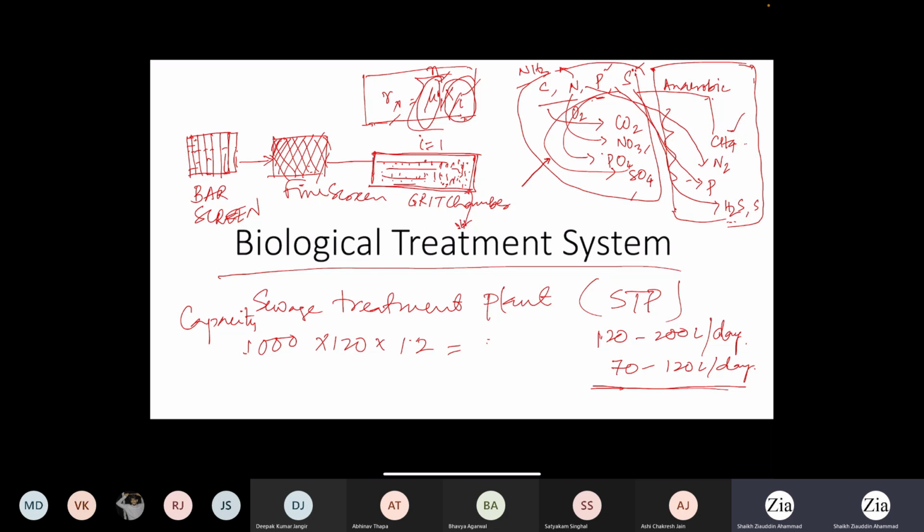Now after grid chamber, you will have a settler. It's called primary settler.